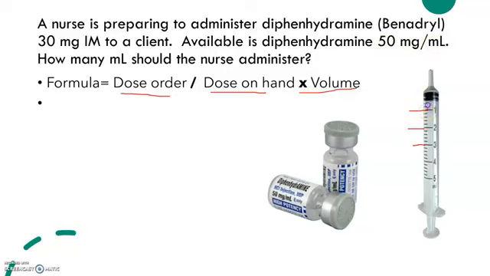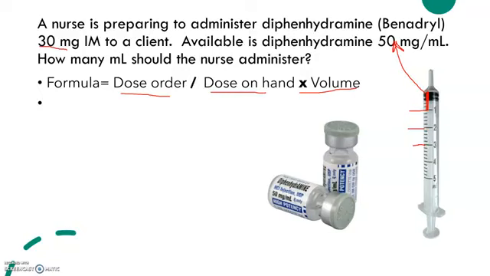So from here to here, which is 1 ml, you can find the weight of 50 milligrams of this medication in 1 ml. That's it, 1 ml contains 50 milligrams. However, the order calls for 30 milligrams. So you have to find how many ml you would pull up to give 30 milligrams.